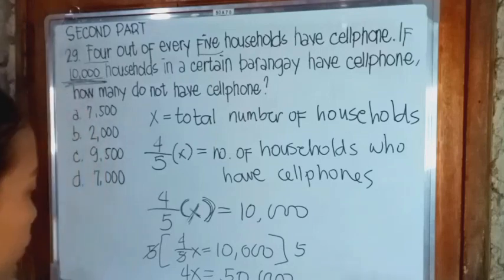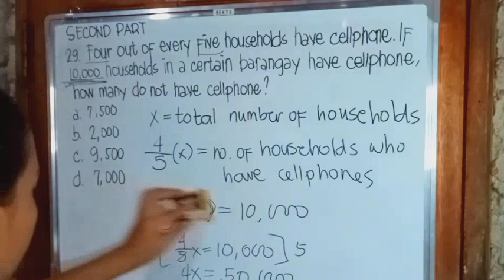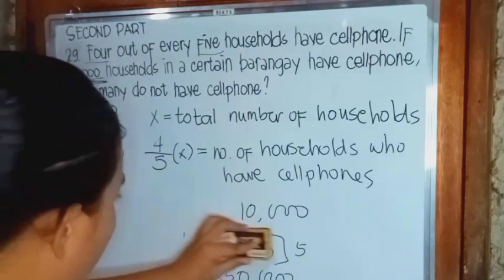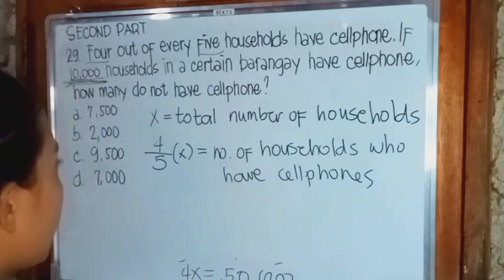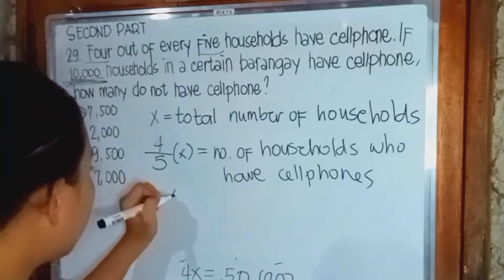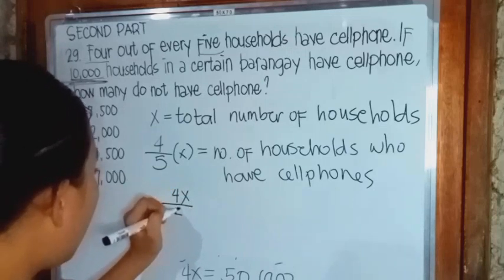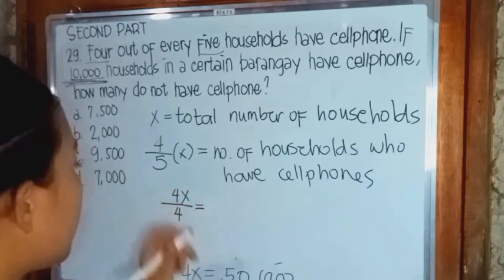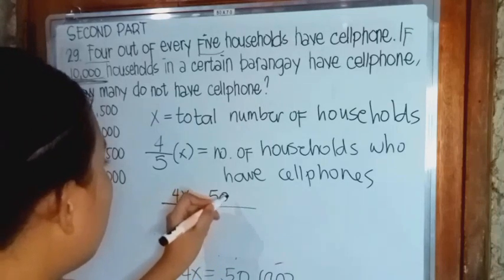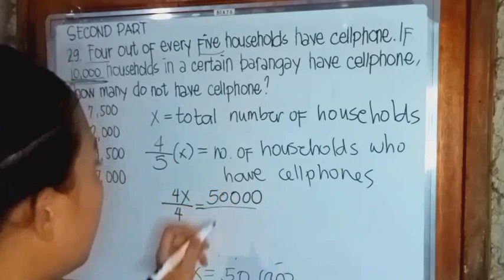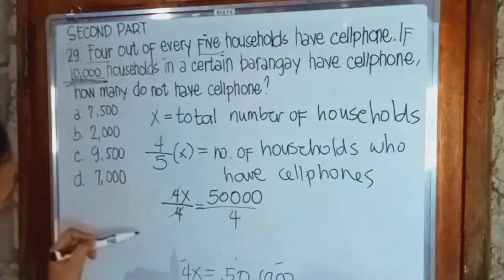Now we have to divide both sides by 4. So 4x over 4 is equal to 50,000 divided by 4. So 4 divided by 4 is 1.